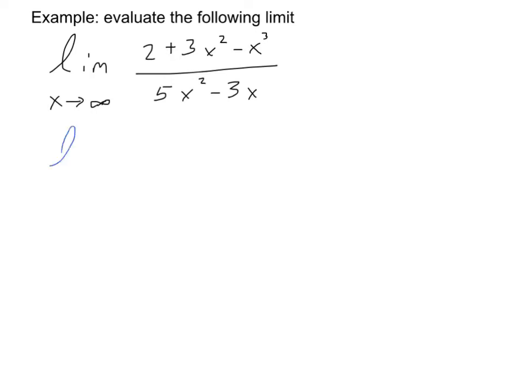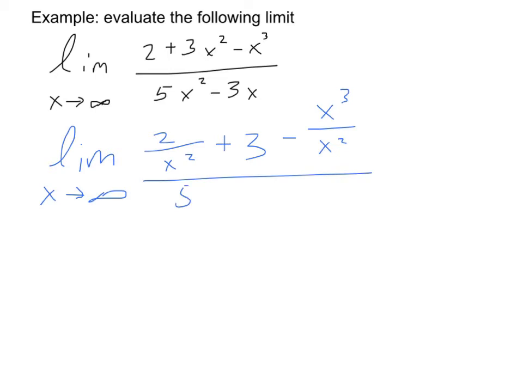When I do that, I'll end up with the limit as x approaches infinity of 2 over x squared plus 3 minus x cubed over x squared, over 5x squared over x squared minus 3x over x squared. I could have simplified that as I went along. We'll just take one more step to simplify this.